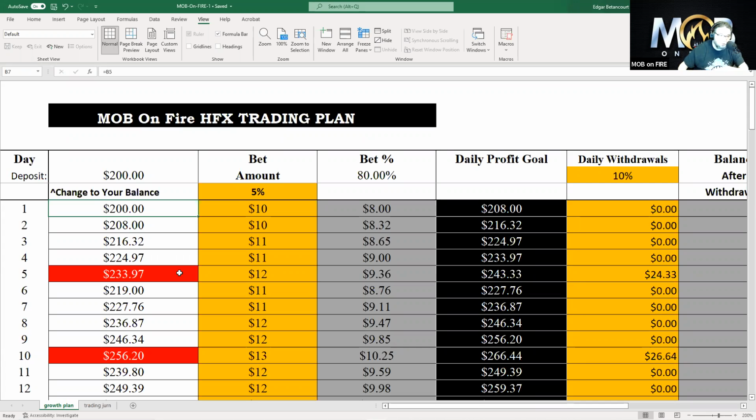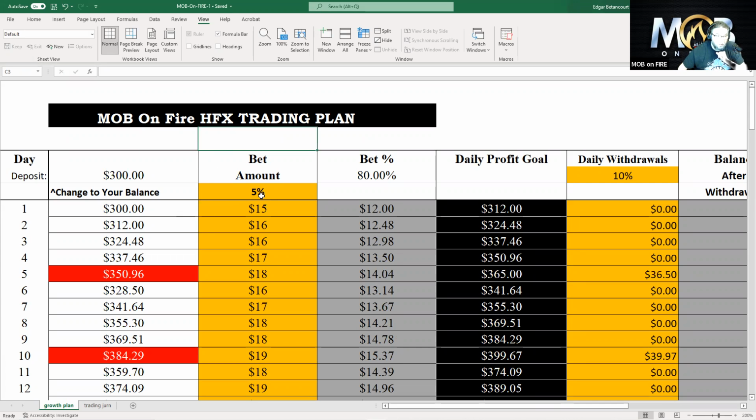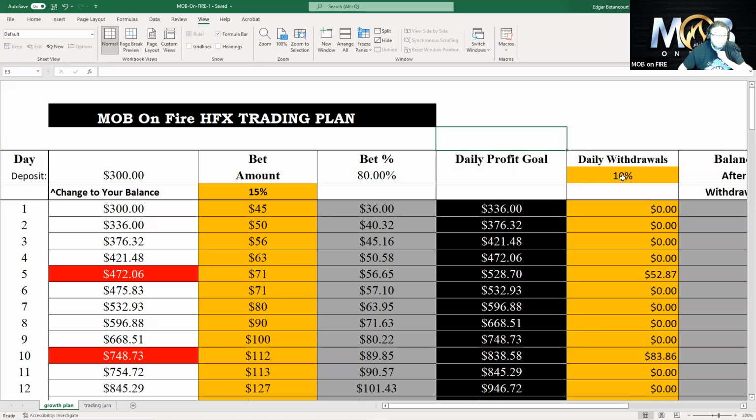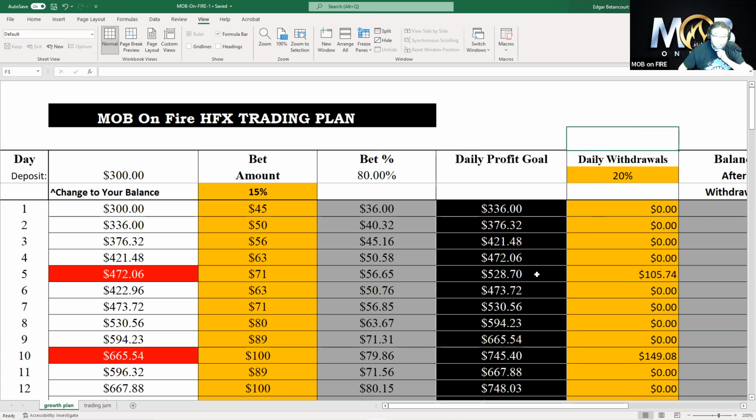So my rules are, I stay very disciplined. And this right here is conservative. This is what I do most of the time. $300 to start, and we're looking at 15% right here, and then I got 20% over here on the back end.